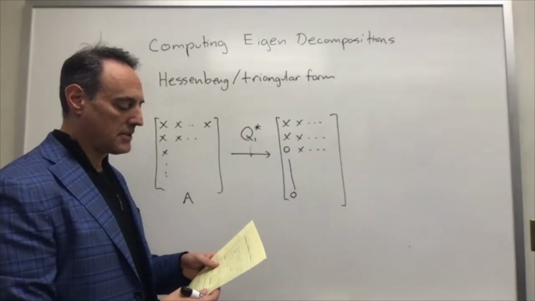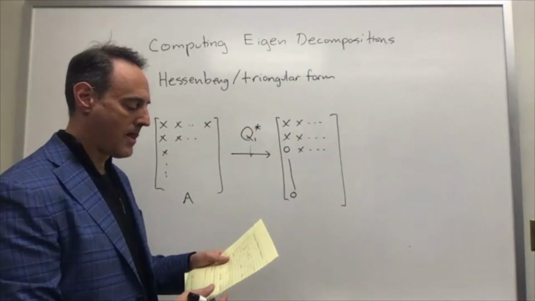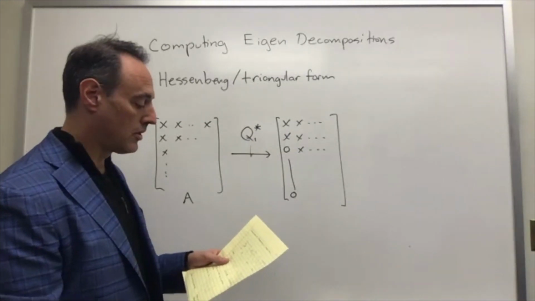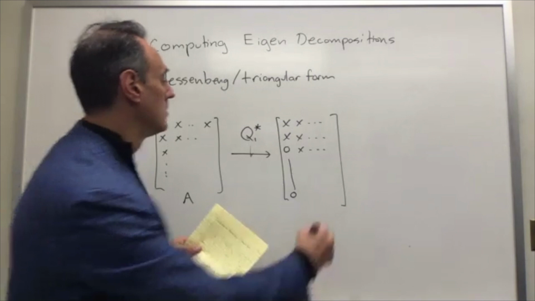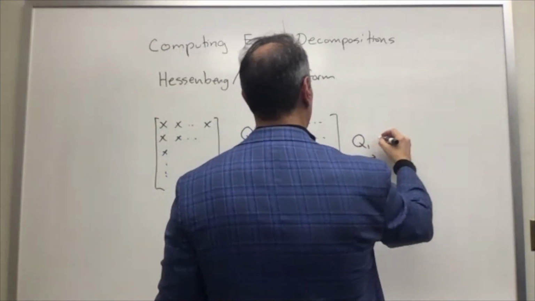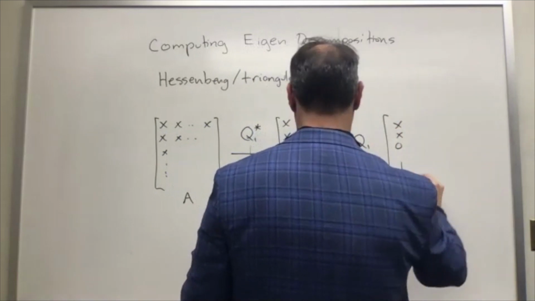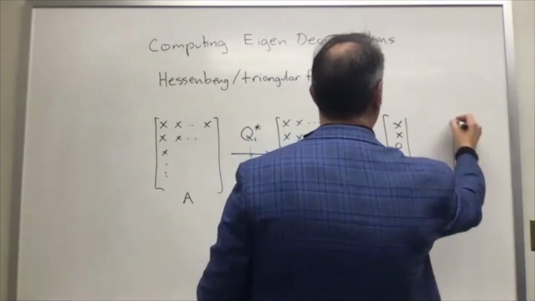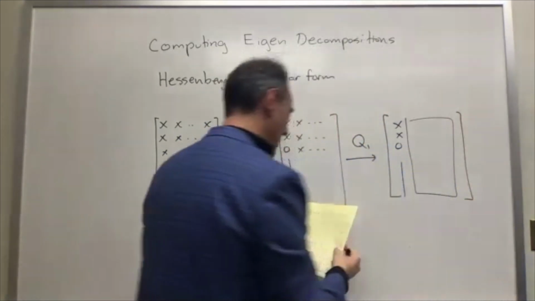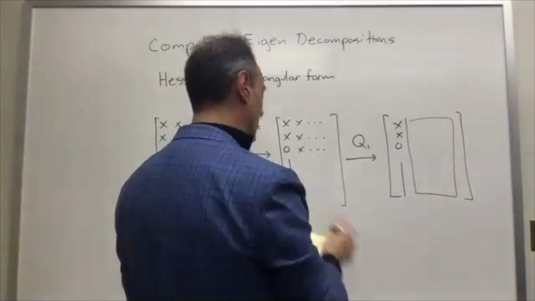But now I want to do one other thing. Once you've done this, you want to set yourself up to have another matrix here, Q1, in which you change all these values so that this thing here is self-similar.